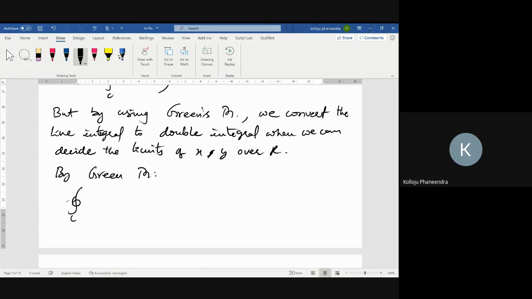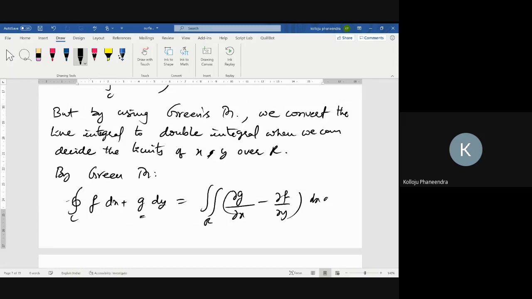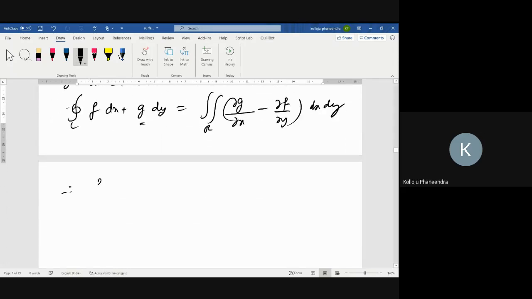what do we have? Circulation over C of f dx plus g dy is equal to the double integral of dou g by dou x minus dou f by dou y, dx dy. Therefore, what is f of x comma y in our problem?